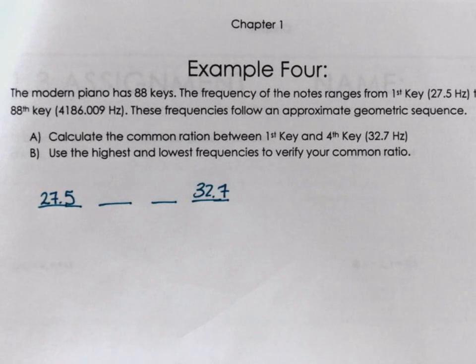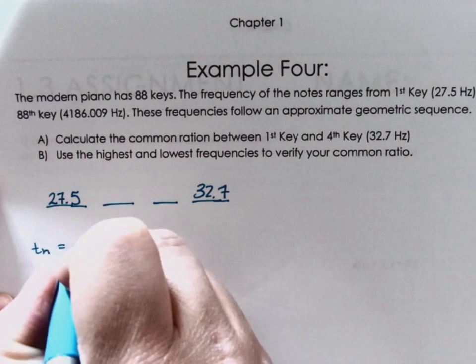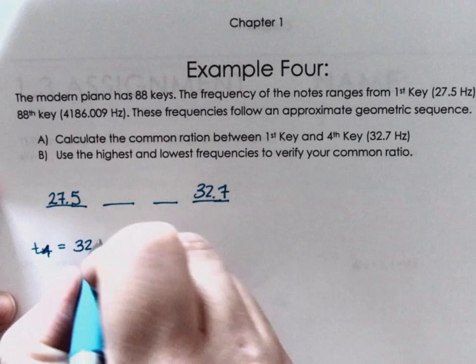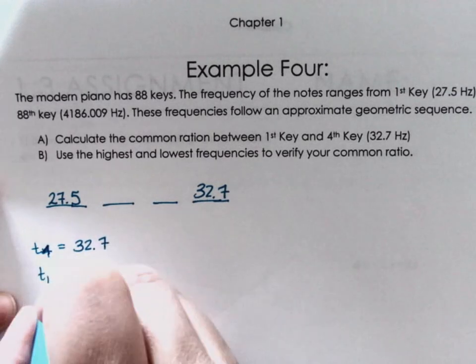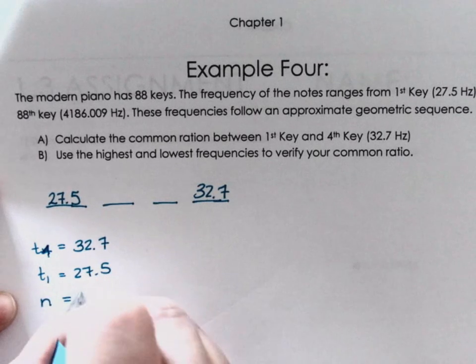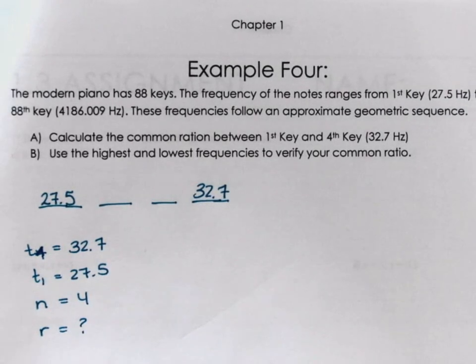Isn't this exactly what we did in the last question? Yeah. Okay, so we know that T4 is 32.7. We know T1 is 27.5. We know n is 4, and we're trying to find the common ratio. Okay, go forth and do the math.